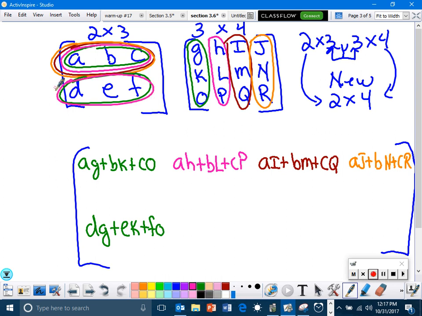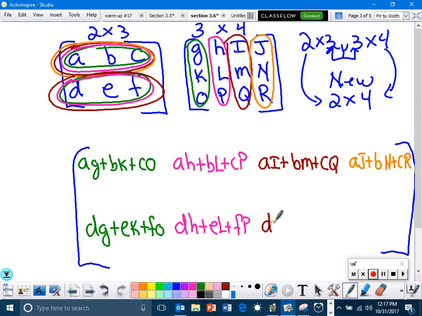Second row, second column. D times H plus E times L plus F times P. Second row, third column.